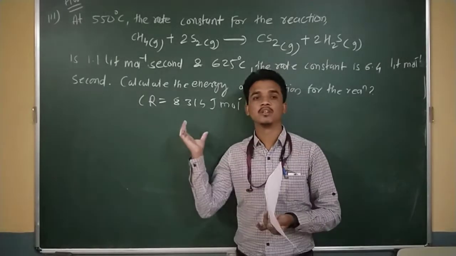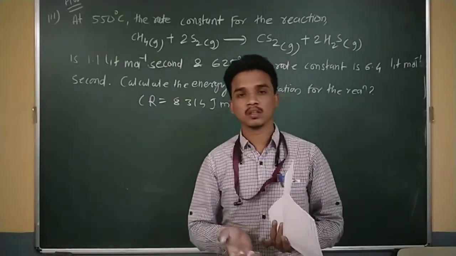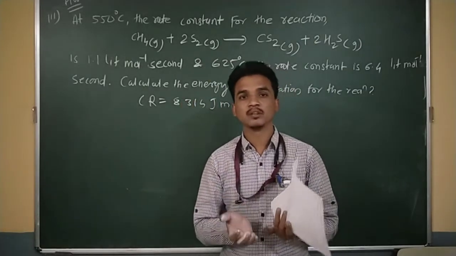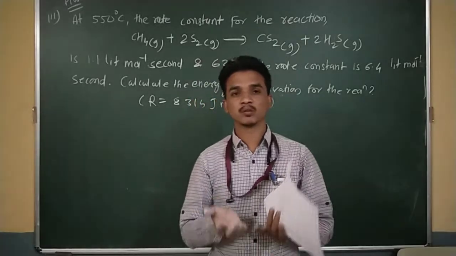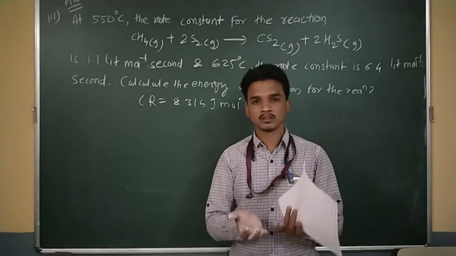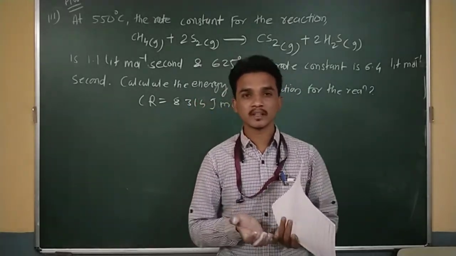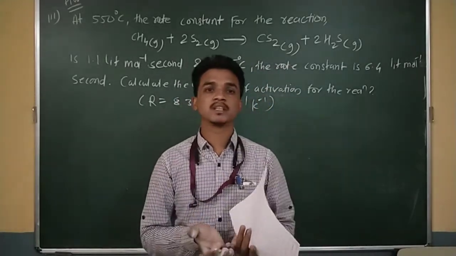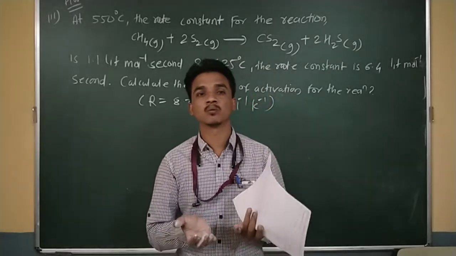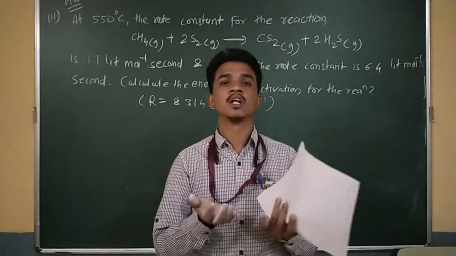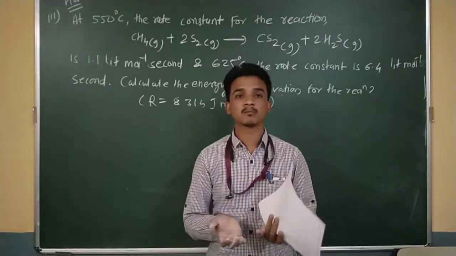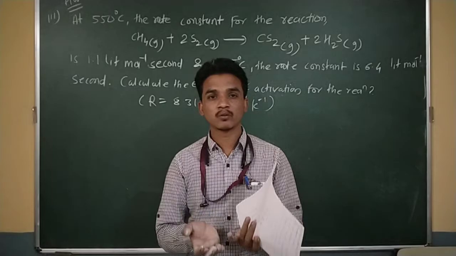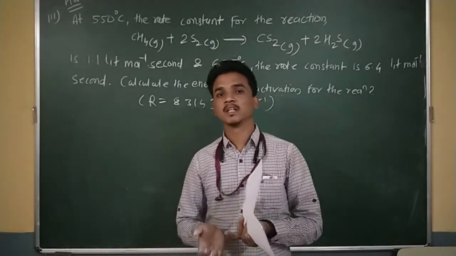I will tell you which questions are very important from the exam point of view, and how to remember all these things, because we have already covered zero order reactions, first order reactions, the factors which affect the rate of reactions, how to write the rate of any chemical reaction, how to find the order and molecularity of reactions, and the difference between order and molecularity.